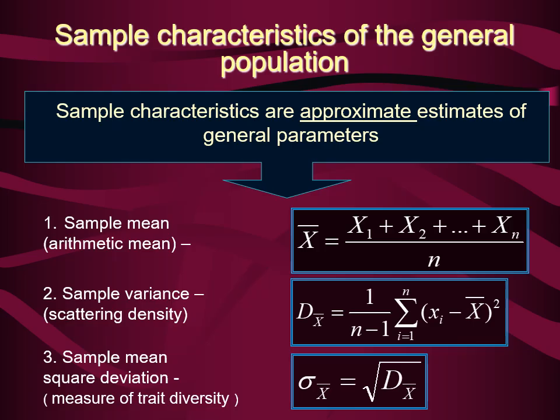No matter how well we have selected the sample from the general population, the correspondence is incomplete and an error is most often observed. Therefore, the sample characteristics are approximate characteristics.